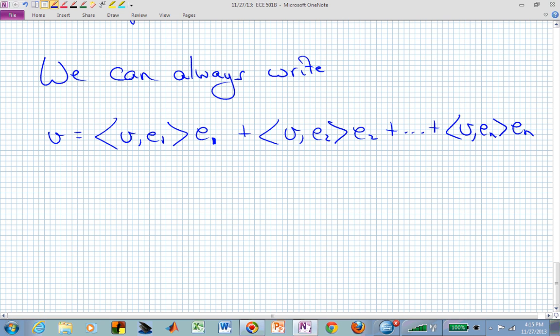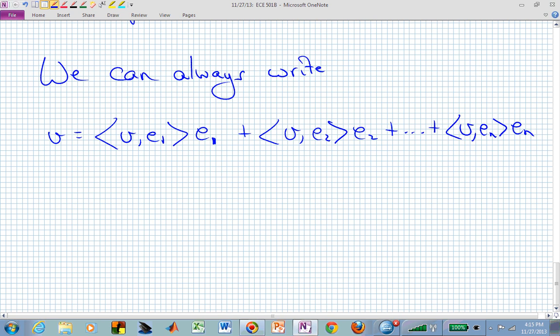We know we can decompose any vector that way in these different directions created by this orthonormal basis set, e1 through en. That should be okay.